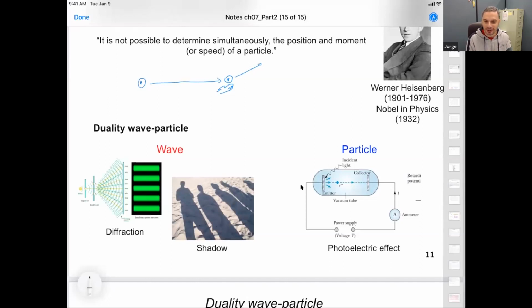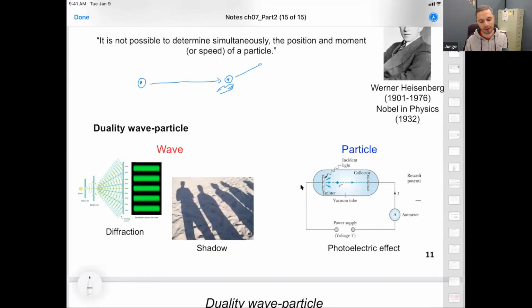However, Einstein studied the photoelectric effect, and the only possible explanation for the data obtained was that light had to behave as a particle.